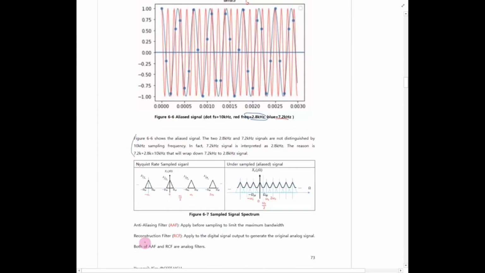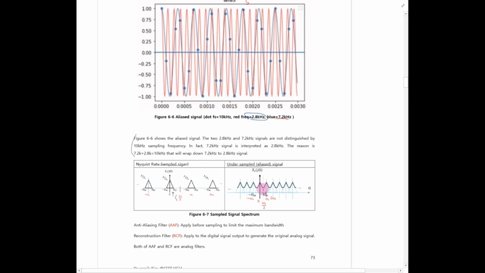If a signal satisfies the Nyquist rate, it should look like this. In the spectral domain, the maximum frequency should be less than the Nyquist frequency. Then it satisfies the Nyquist rate. But if it is undersampled, it means that it doesn't satisfy the Nyquist rate. The sampling frequency is too low compared to the maximum frequency. This is the maximum frequency, but the Nyquist rate is less than that.